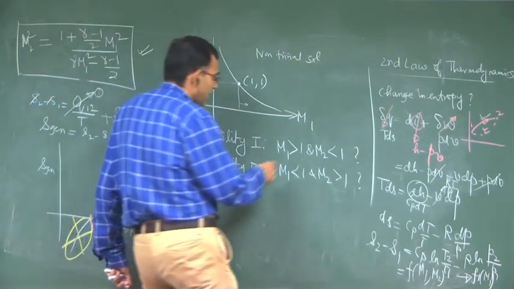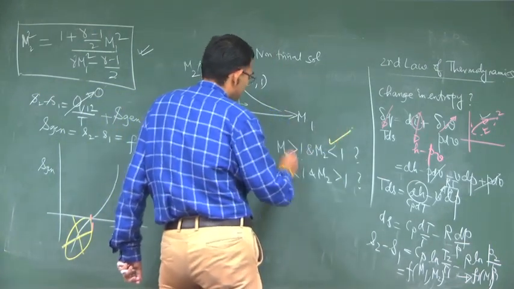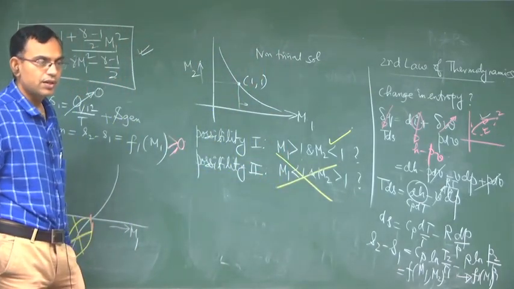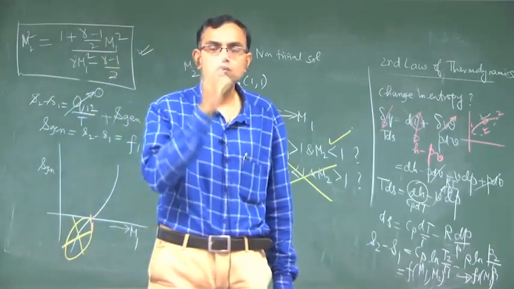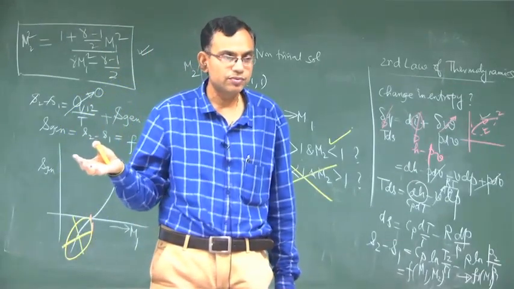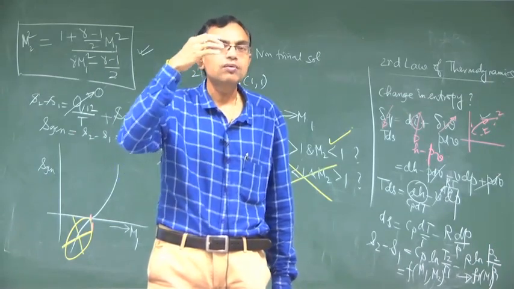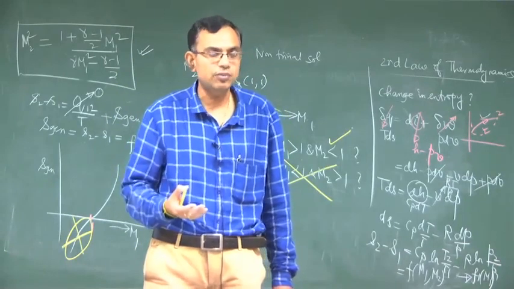So, M1 greater than 1 and M2 less than 1 is permissible, but the reverse is not possible. This is governed by the second law of thermodynamics. So, a shock always converts a supersonic flow to a subsonic flow, but you cannot have a shock where a subsonic flow gets transferred into a supersonic flow; that violates the second law of thermodynamics.